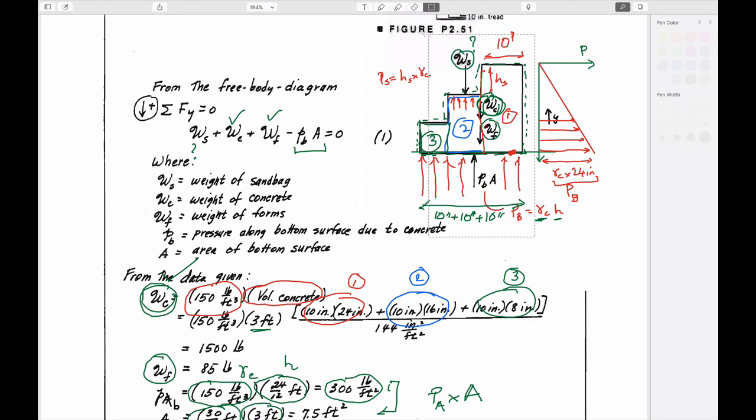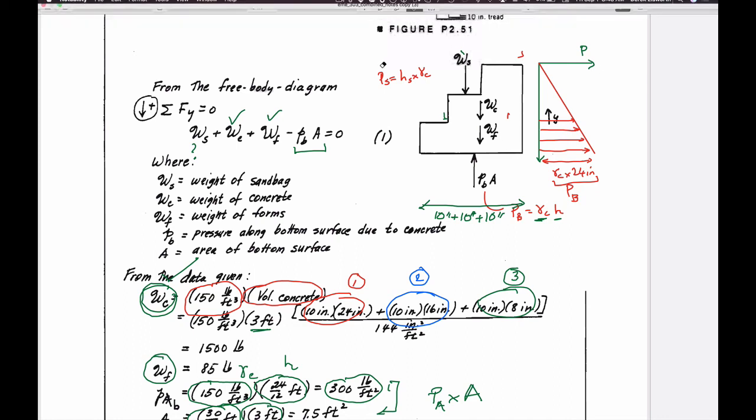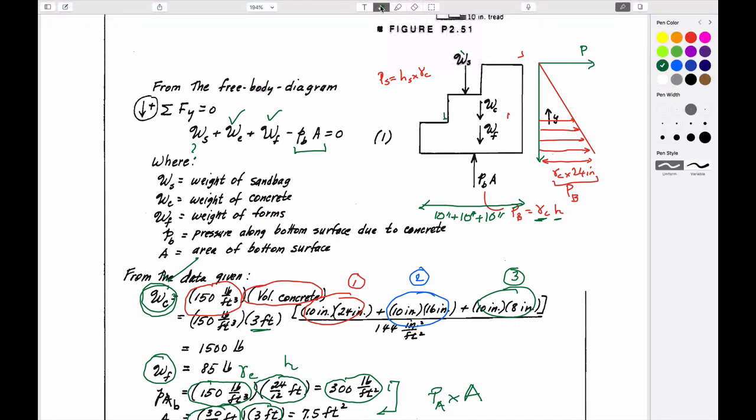Apparently not. Well, I can do this, I guess. Fantastic. So the other free body diagram you could use, great question by the way, is to do this.